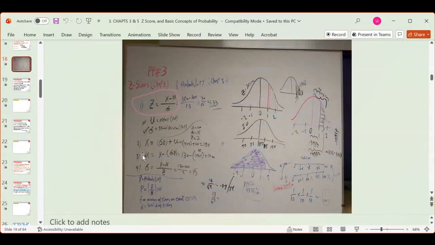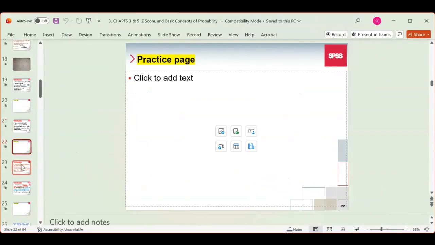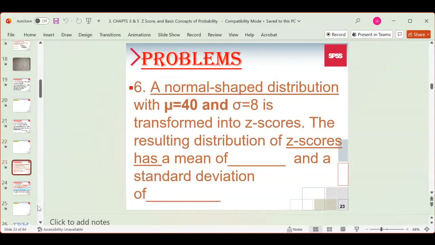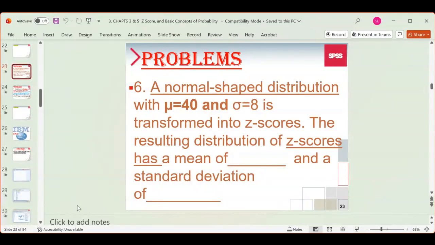They want to know, right there is number 3, X minus sigma times Z, and then X, whatever it is, 56, sigma times Z, which is 12 times negative 0.5, and then you subtract them. Again, please do these and let me know. Go over and make sure you understand them.